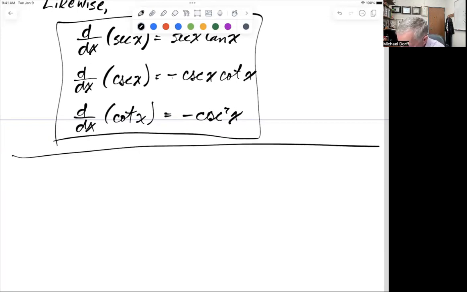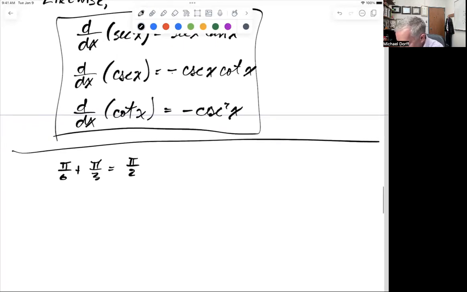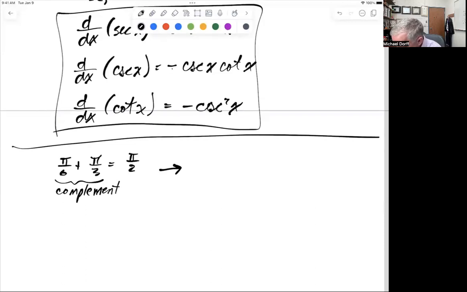So in this case, if I have pi over 6 plus pi over 3, those equal pi over 2. So these are complements of each other. And what that means in terms of the trig functions is that the sine of pi over 6 and the cosine of pi over 3 are complements.